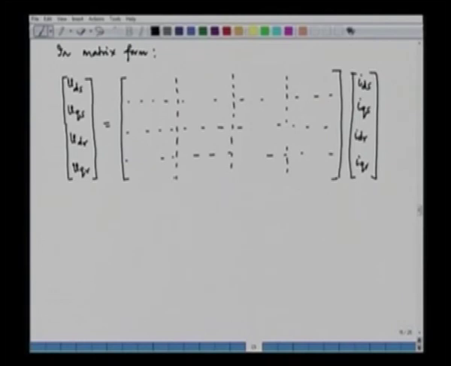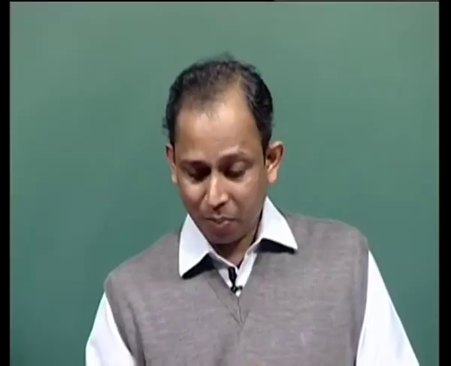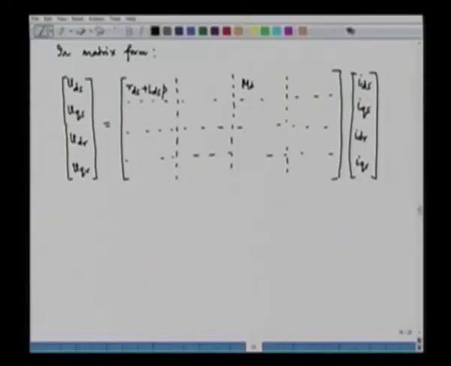So we can say here that this is the self inductance term. So we have the resistance drop here, RDS plus LDSP. And in the stator we don't have any rotationally induced EMF, we just have a statically induced EMF, and the coupling between the d axis stator and the d axis rotor will give us MdP.